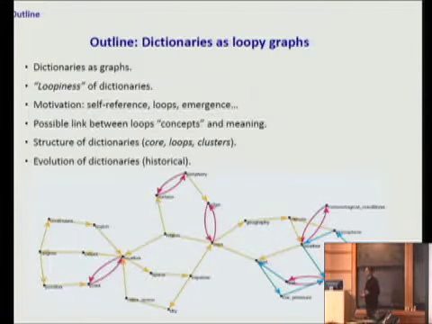We'll go on and describe some further details of how loops conglomerate, how they make clusters, and the main core of the dictionary graph. And then we will look into some time-dependent problem, that of the evolution of dictionaries, some history of language evolutions, and see what it can tell us about this structure.